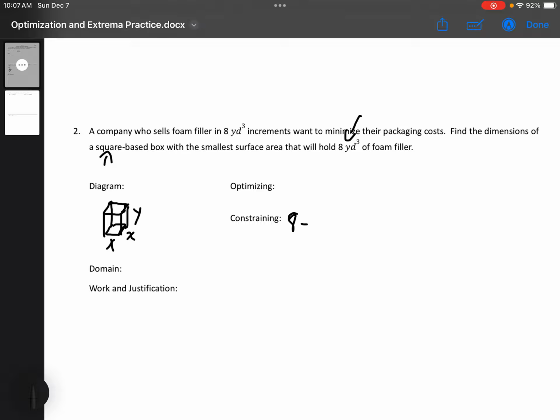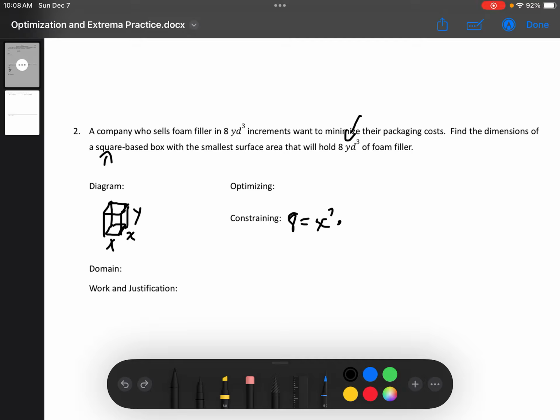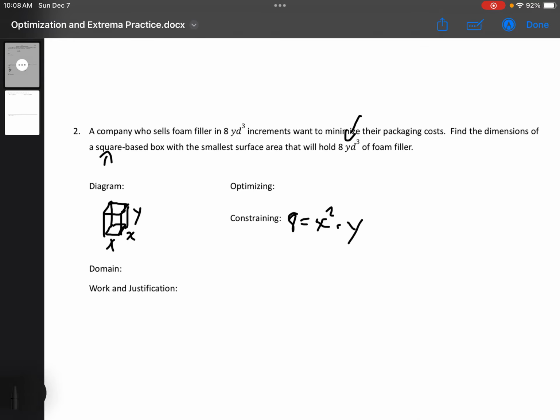So 8 is equal to x squared times y. And our optimizing equation, what we want to maximize or minimize, in this case we want to minimize surface area. So our surface area equation would be, let's call it SA for surface area, 2x squared plus 4xy.